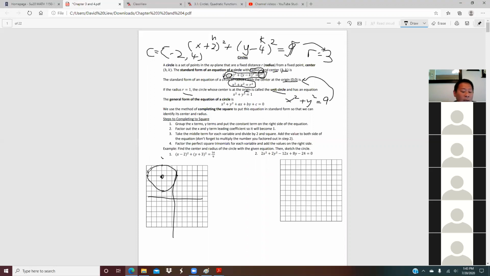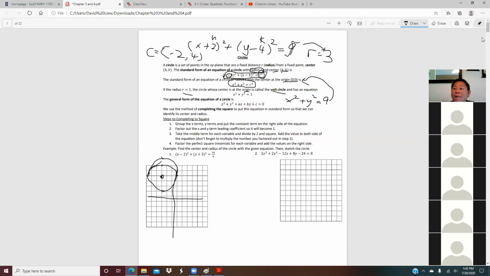Oh, sorry, it's supposed to go up like that. So the radius here is supposed to be 3. It's hard to draw, trust me, it's with my mouse. So this is how you draw a circle if you have negative 2, 4 as a center and your radius is 3. You go up 3, down, left, right, 3, and then you draw a circle.